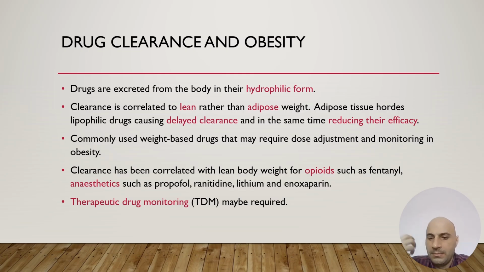That means we measure the concentration of the drug in the blood at certain intervals after the administration. Examples of drugs that hide in the tissues would be opioids and general anesthetics.